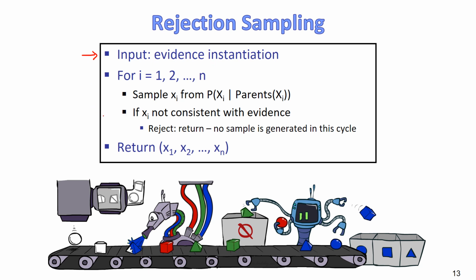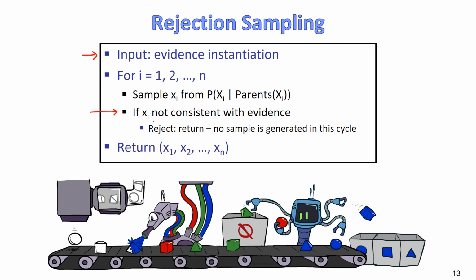The second difference, which is of course more important, is that when we sample from a specific variable, if that sample is not consistent with the evidence, we just reject it, which means that we will not return any sample from that procedure. Remember that this is an algorithm to get one sample.